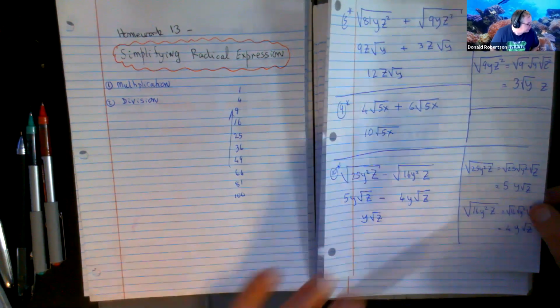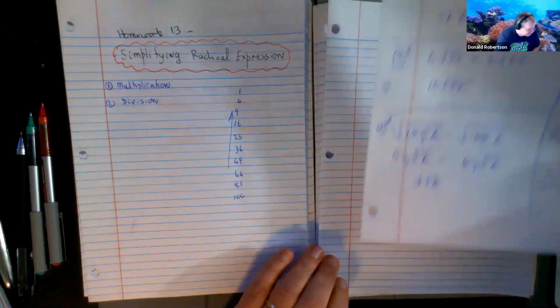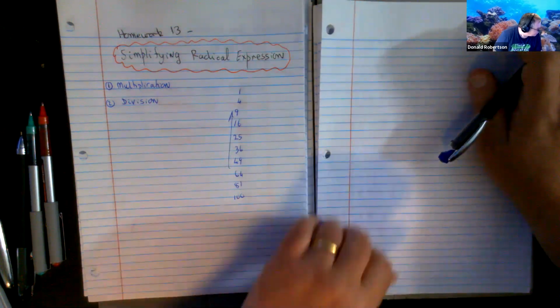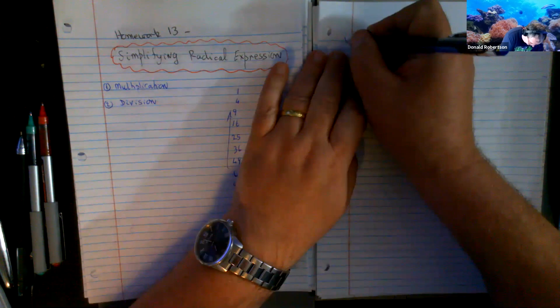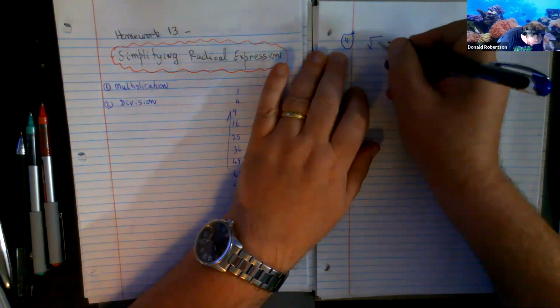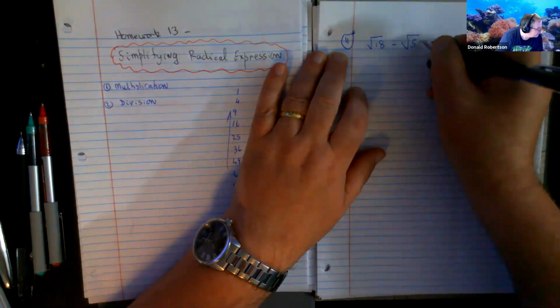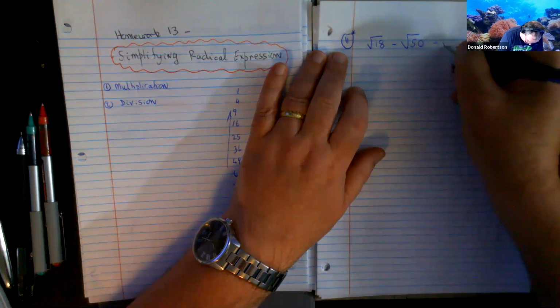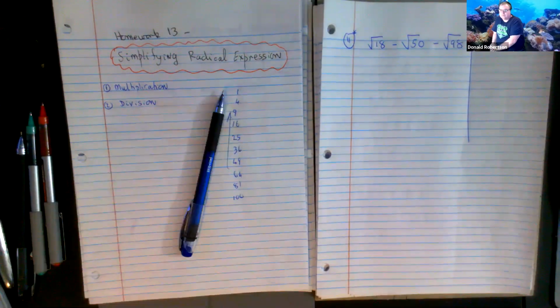My list might end up being slightly different from yours because the numbers change as well, as you know by now. WebAssembly keeps randomizing things. Square root of 18, take away square root of 50, take away the square root of 98. No help, go for it.